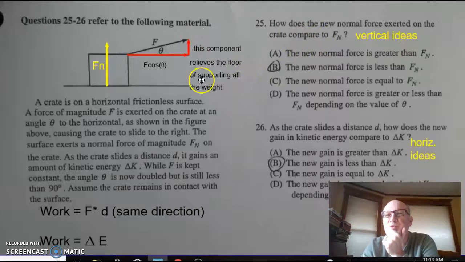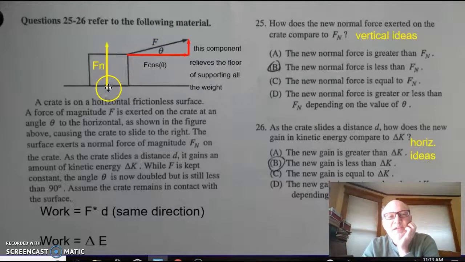How does the new normal force on the crate compare to Fn? So Fn was our original supporting force, and if the angle is doubled, then this vertical component is going to be larger. So because there's more of an upward component to the force, the normal force, that is the force exerted by the surface, can be lower.